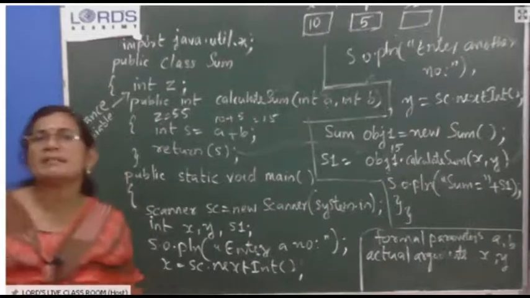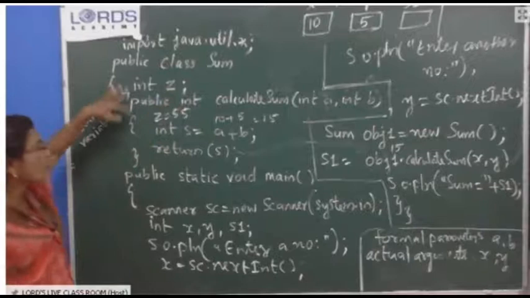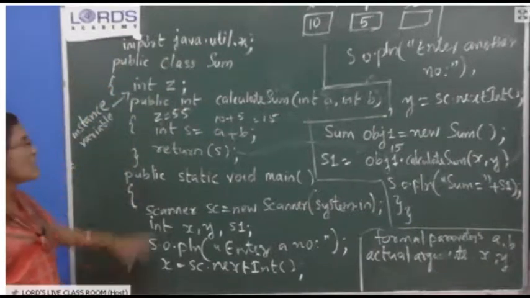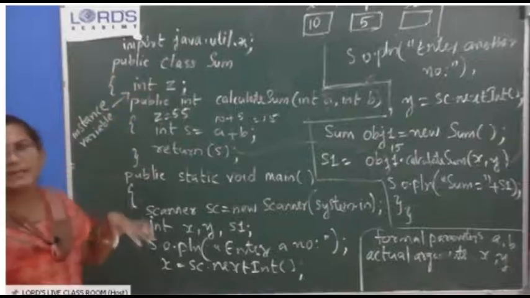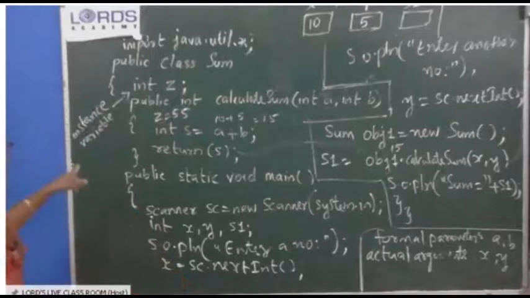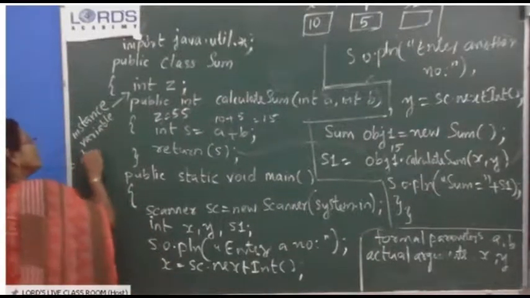In all the methods, you can make use of Z because it is declared before you start defining all the functions. So the variables declared at the beginning of the class, before you start declaring any function, are known as instance variable or global variable.